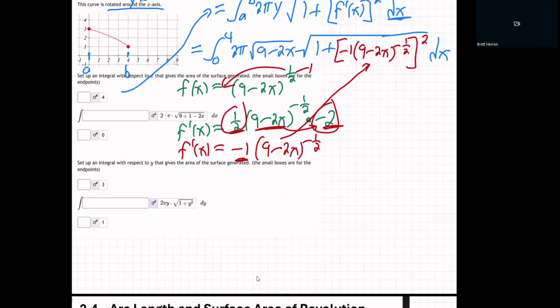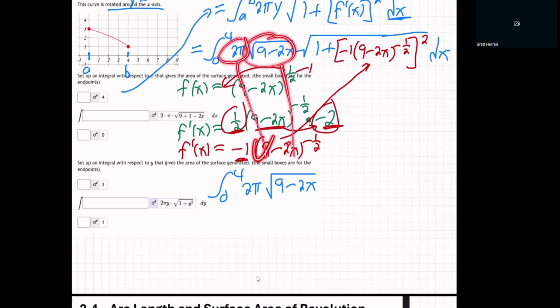So it's going to become the integral. In fact, I should probably just give it more space here. The integral 0 to 4 of 2 pi square root 9 minus 2x. Just bringing these parts down. Okay, and now this part I'm going to clean up a little bit.